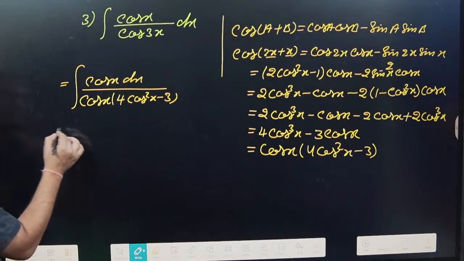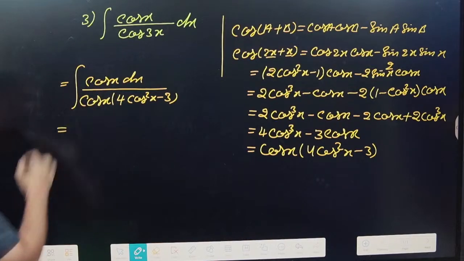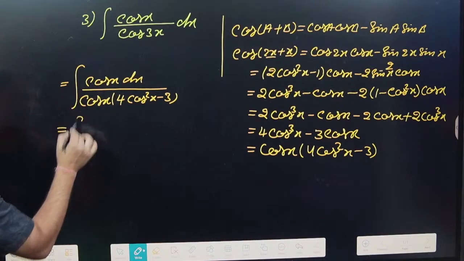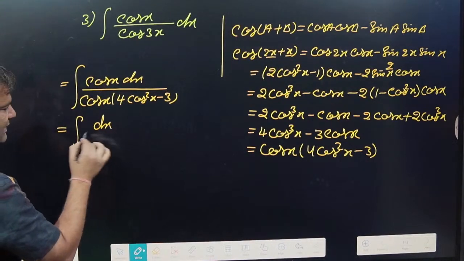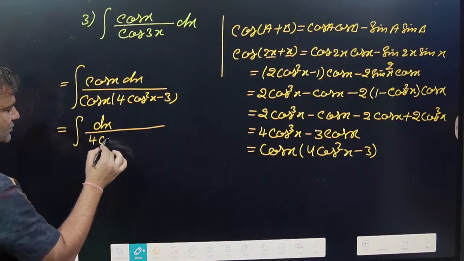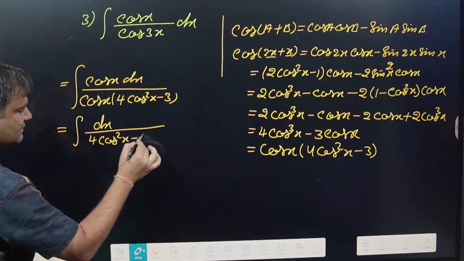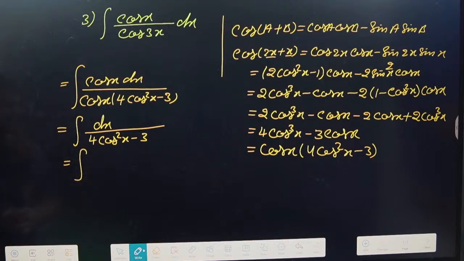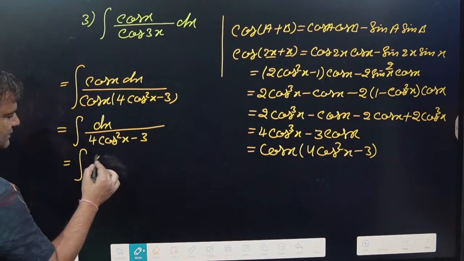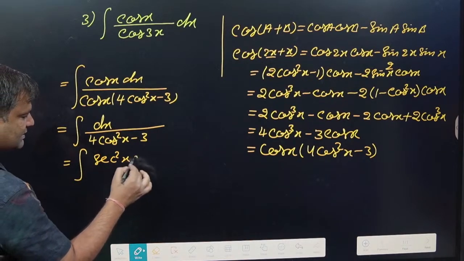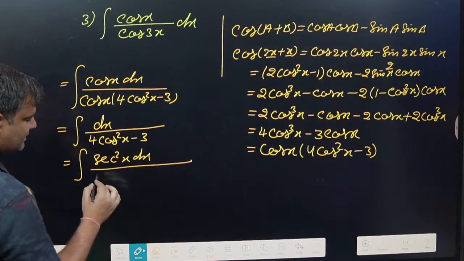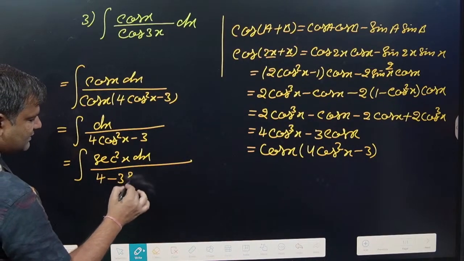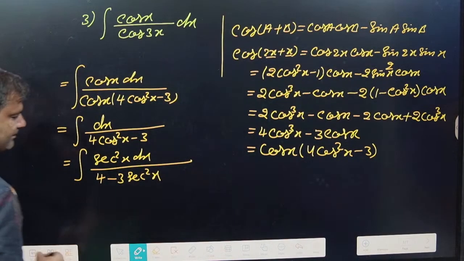After that this cancels, so simply you get dx divided by 4 cos square x minus 3. Numerator and denominator divided by cos square x, so the numerator becomes sec square x dx, and the denominator becomes 4 minus 3 sec square x.